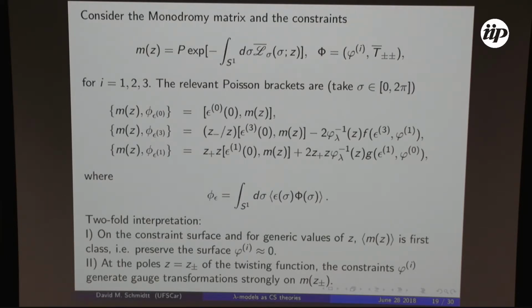But at the poles of the twisting function, we can cancel the second terms and reinterpret these three constraints as generating gauge transformations strongly. Notice that even the second class parts of the fermionic constraints are included.